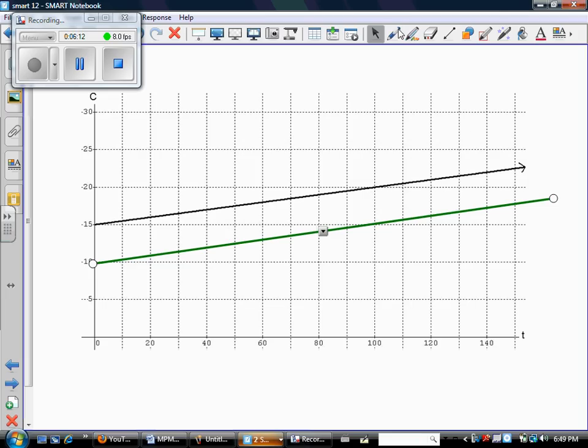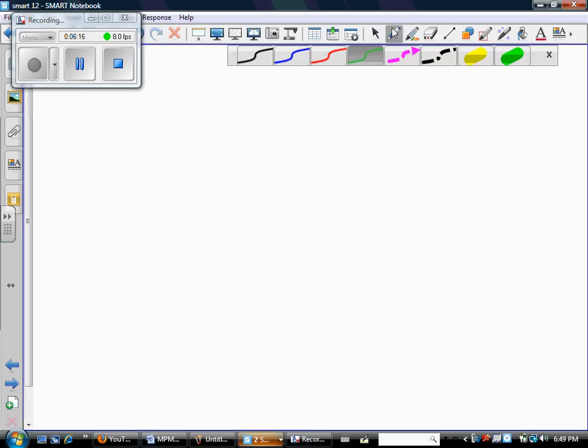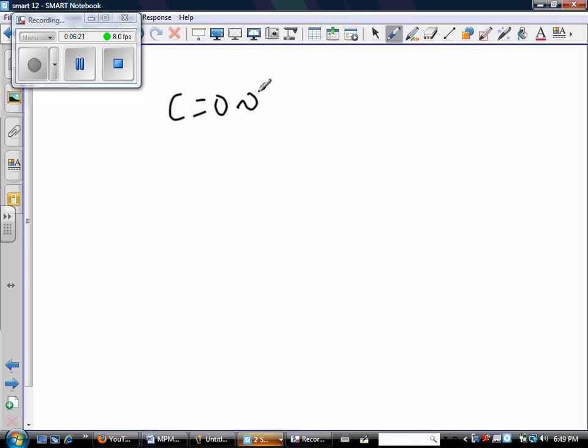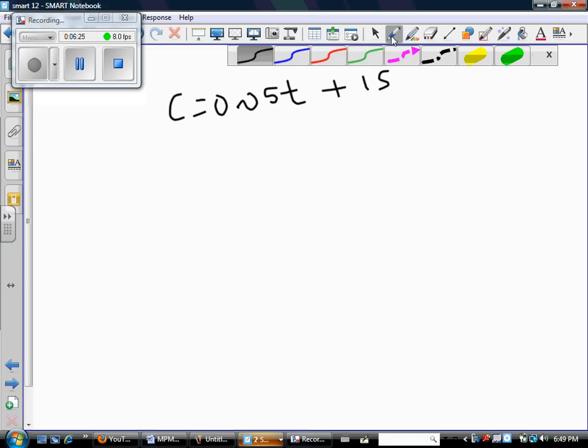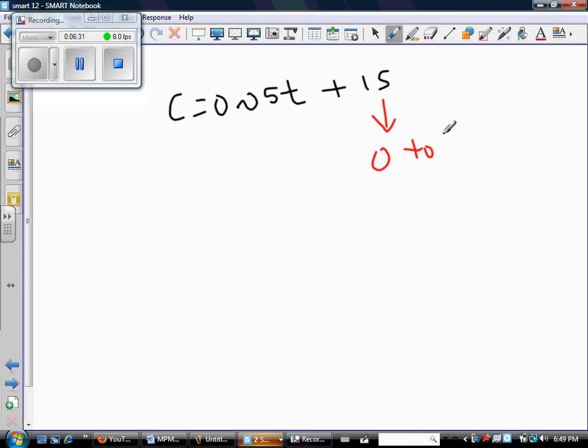So let's summarize. If I want to create an equation that is always cheaper than this equation, we decided that you have to start somewhere between 0 and 14.999999. You get the idea. So in other words, you have to start somewhere less than 15.